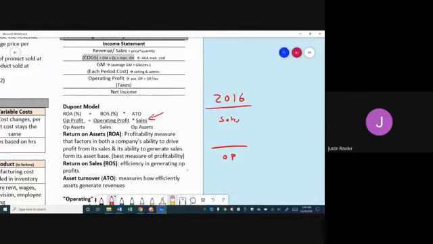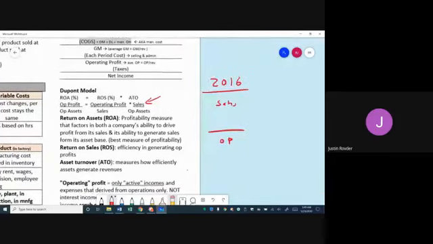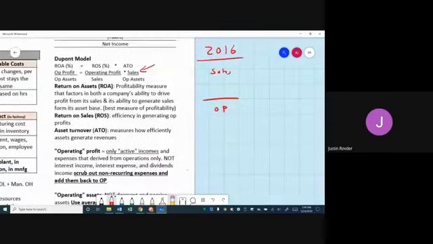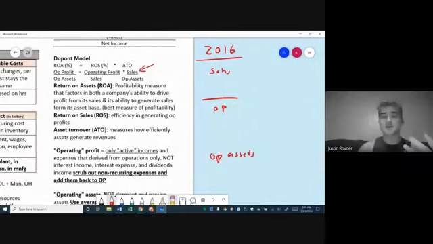But if you're doing return on assets or asset turnover, you don't just want to use the balance sheet from 2016 to pick out operating assets, because those are only the assets at the end of 2016.